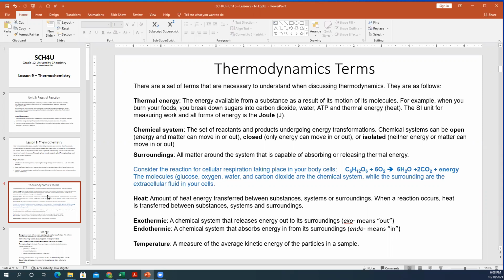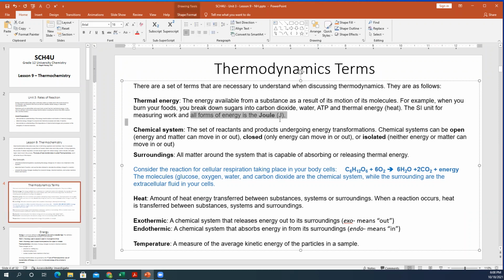For example, when we burn food, we break down sugars into carbon dioxide, water, ATP, and thermal energy, which is heat. The standard international unit, or the SI unit, for measuring work and all forms of energy is the joule, and its symbol is the J.